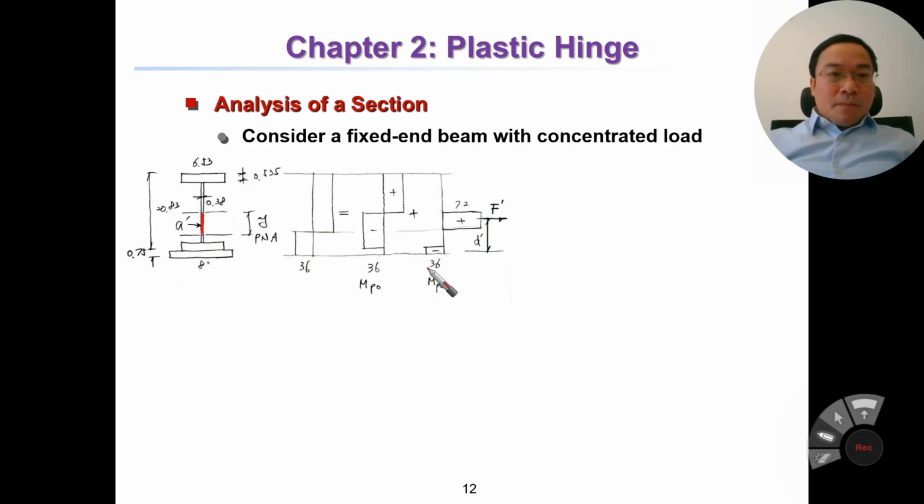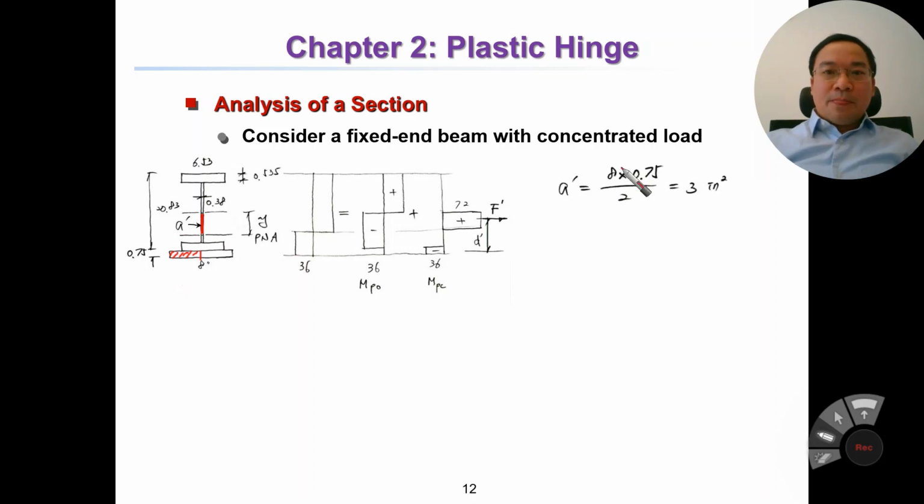First, we have to calculate A prime, the small area here. This area should be equal to the area of the steel plate here divided by 2. Why? Because to divide the section into 2 parts, A1 equals A2.